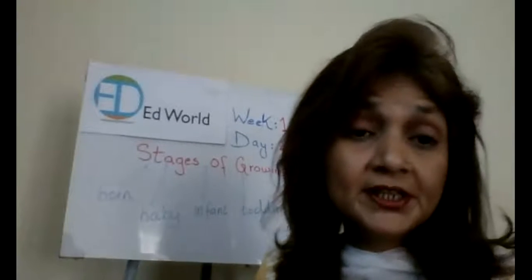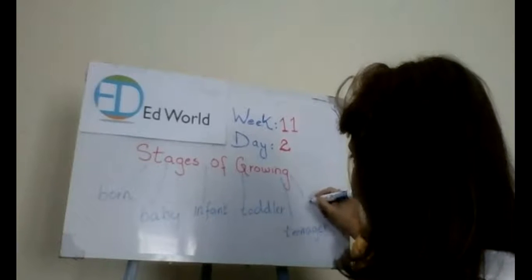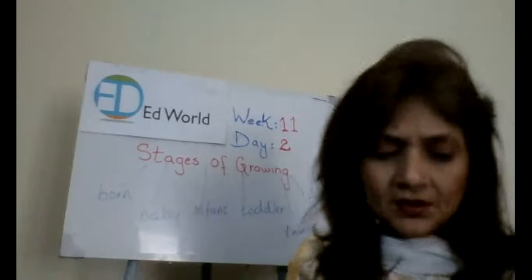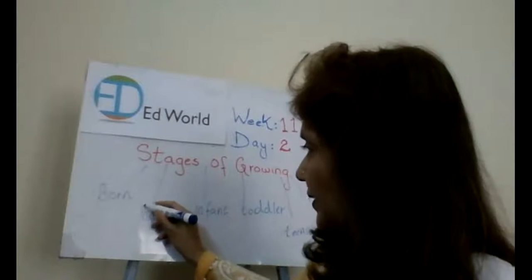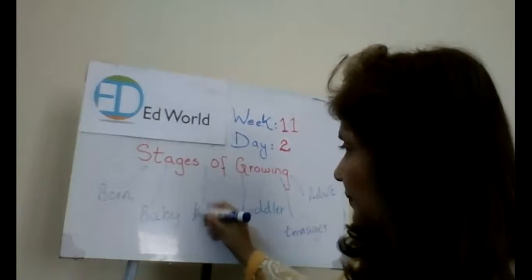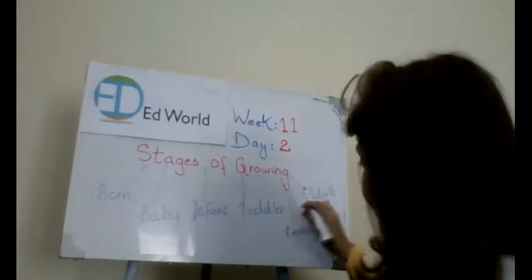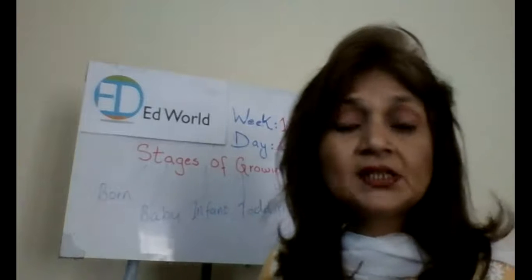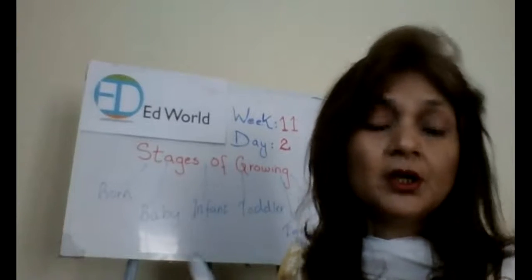And what is the teenager going to become? It will become an adult, right? So you see, these are the different stages: born, baby, and so on. These are the different stages of growing for human beings.